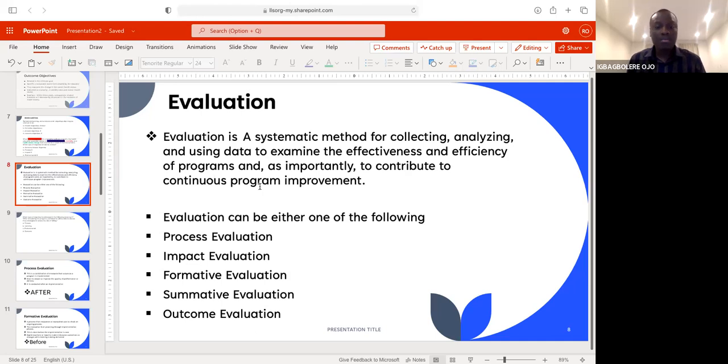The first one, process evaluation, impact evaluation, formative evaluation, summative evaluation, and outcome evaluation. 5 types.